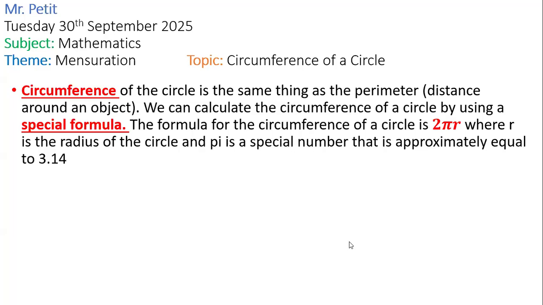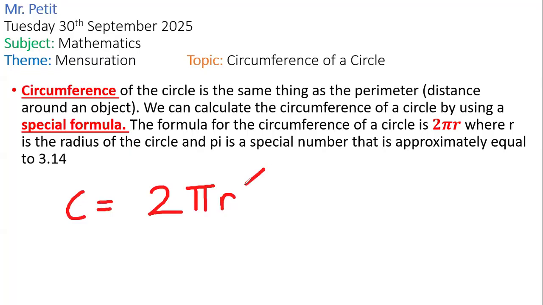What is the formula that we use for calculating the circumference of the circle? 2 pi r. So C is equal to 2 pi r. That's the formula we're going to use for the circumference of the circle.